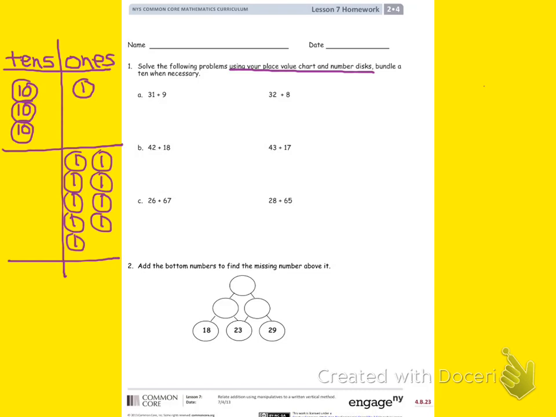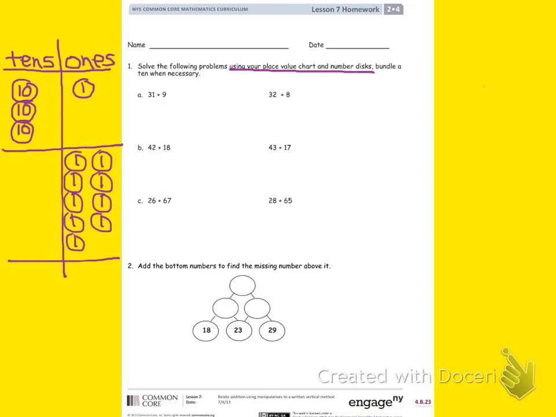The last lesson, lesson 6, required you to bundle them with another color of ink, or with drawing with your pencil and then showing how they moved over to the 10 spot when you bundled a 10. But this lesson's objective says to relate the addition using manipulatives to a written vertical method.